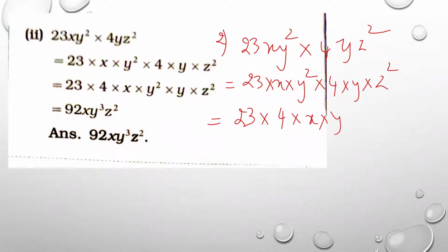Now 23 into 4 is 92. X only 1 is there. Now y square and y, so here 2 and 1, you have to add the powers. So y raised to 3 and z square. So this is your answer.